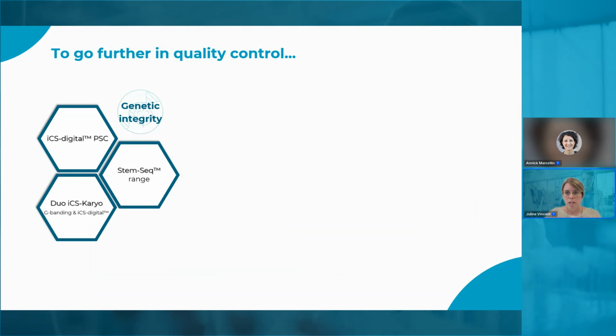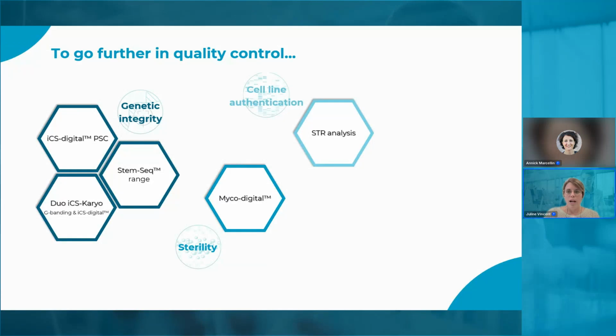To complete your essential assays, you can check for the absence of mycoplasma contamination using the MycoDigital test, and also test the identity of your cells using HTR. In working with hPSCs, their undifferentiated state and ability to differentiate into all somatic lineages should be demonstrated.